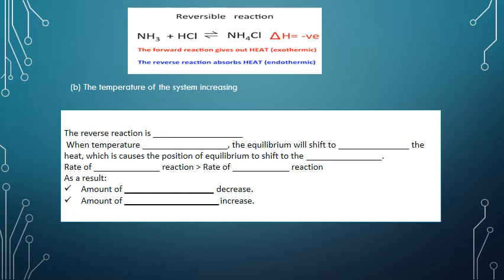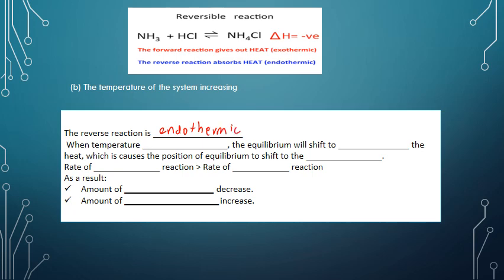Kita kena shift to the left sebab kita tahu shift to the left adalah ke arah sejuk. Maksudnya absorb the heat. Okay, takkan nak shift ke arah right pula. Kalau shift ke arah right, nanti lagi release the heat, lagi panas jadinya. Alright, so kita tahu the reverse reaction is endothermic ataupun absorb the heat.